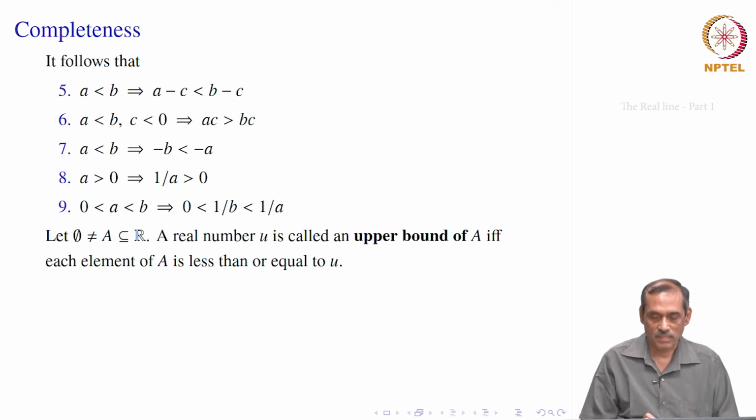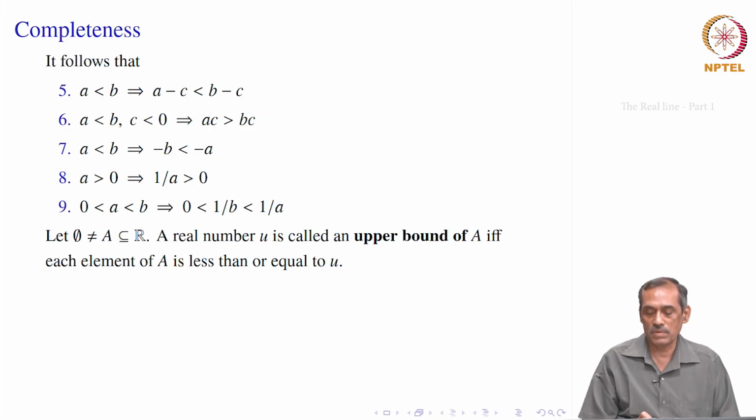These are all the properties we know and we are familiar with, so we are just recalling, and it also fixes the notation. Now, we will be talking about the completeness property, for which we need a small definition, which will be helpful to write this completeness property in a compact way. So, suppose we start with a set A of real numbers, and it is a non-empty set, which means there are some real numbers in A. Then another number u, which will be from R, may be inside A, may be outside A, it does not matter.